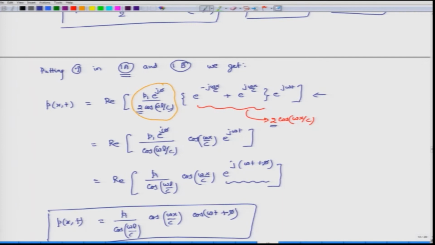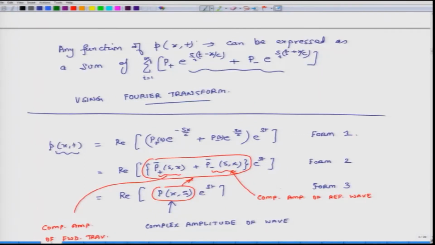When we look at this green box, what does it represent? This represents the complex pressure amplitude, because when you go back to our original definition of complex pressure amplitude, we had expressed it in three forms.